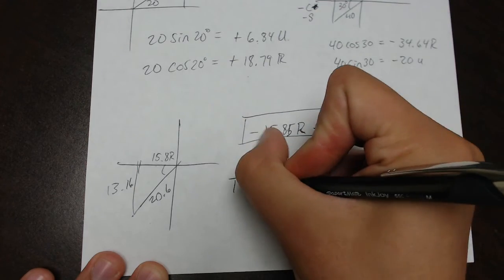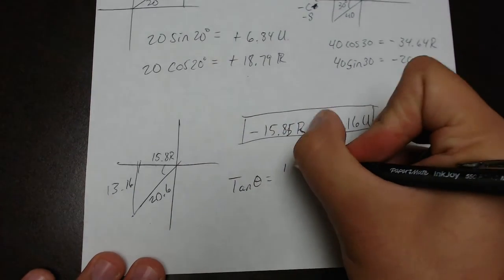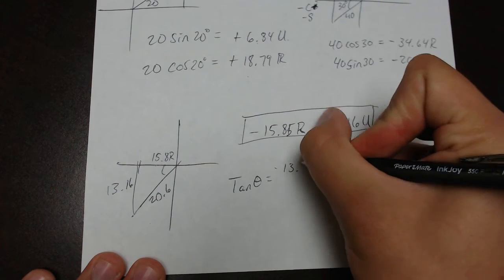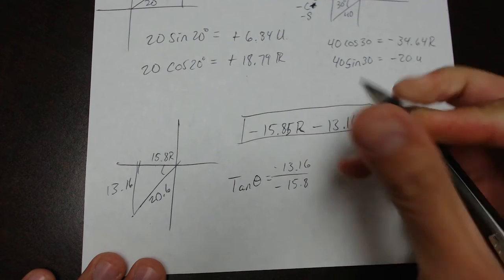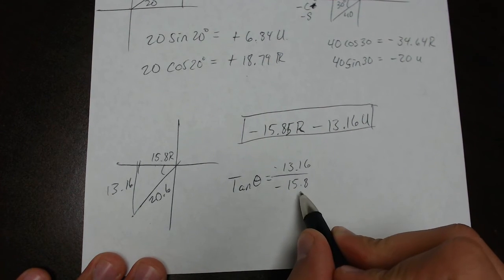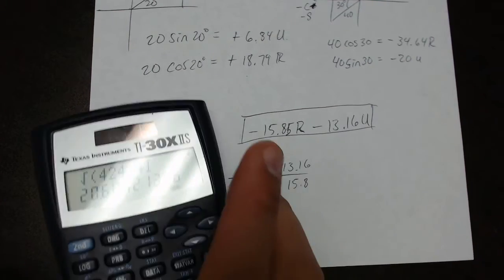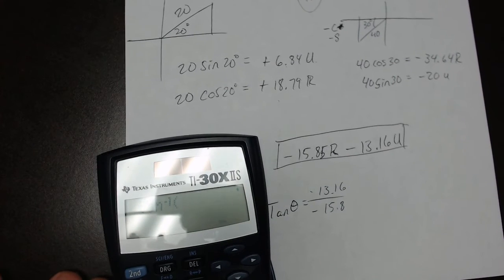For the angle, we're just going to use a trigonometric identity. We'll say tangent of angle theta is equal to the opposite, which is negative 13.16, over the adjacent, which is negative 15.85. To solve for theta, we're going to take the tangent inverse of this fraction. On my calculator, I hit second tangent to get the inverse.